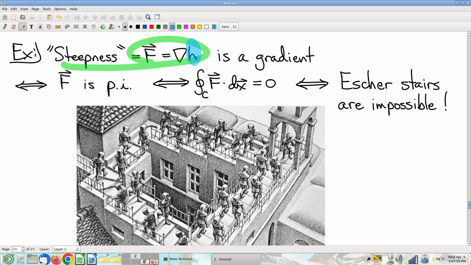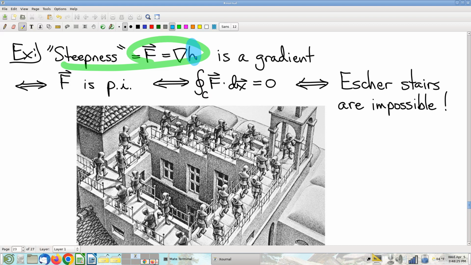The gradient always points uphill, and furthermore, dot product with the gradient always helps you to compute, as you move along a little short piece of path, how much did your altitude increase? So this steepness gradient, altitude gradient vector field keeps track of altitude changes. You might think of it that way.